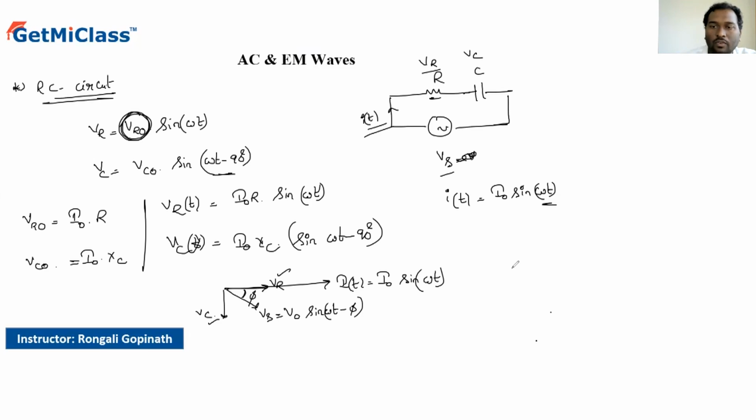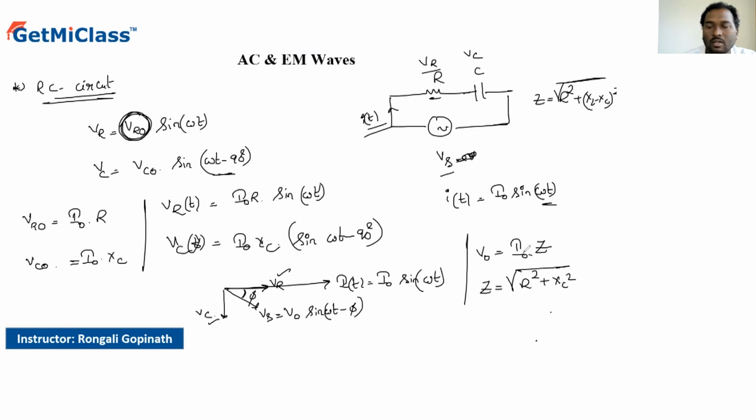So what is the value of V naught? V naught is equal to peak current into Z, where the actual formula of Z is root of R square plus XL minus XC whole square, but here there is no inductor, so Z becomes the square root of R square plus XC square, right?